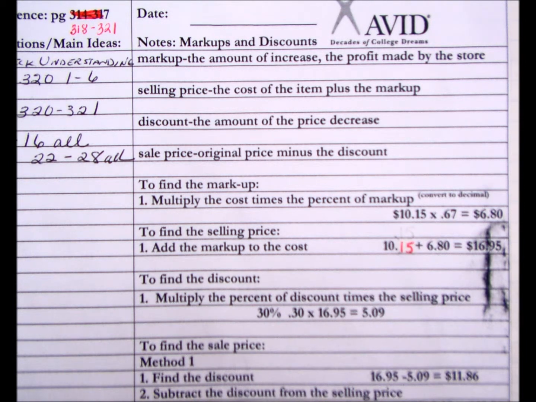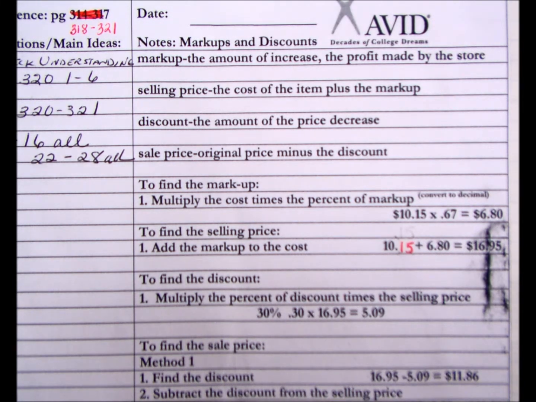To find the discount, you're going to multiply the percent of the discount times the selling price. Well, you have to convert the percentage to a decimal. So this one is 30%. They've been selling this item, and now they're getting ready to change up because it's a new season. So they want to get rid of the rest of them, so they're going to reduce the price 30%.